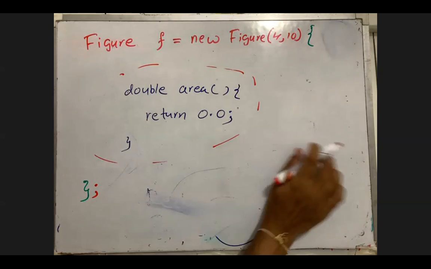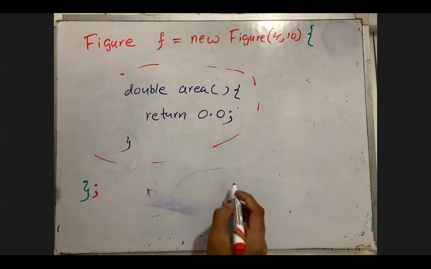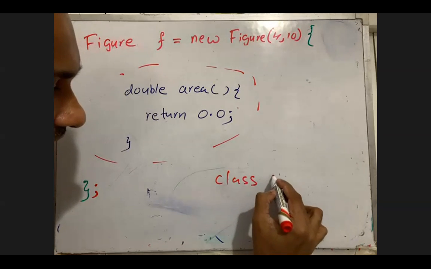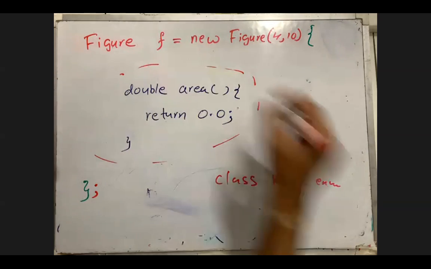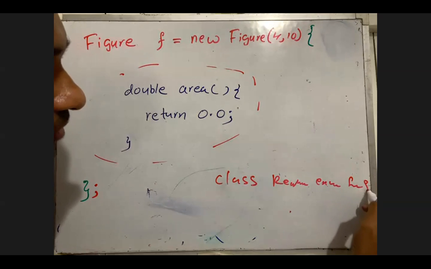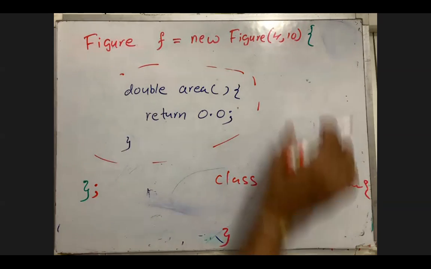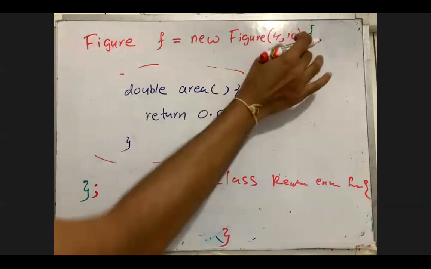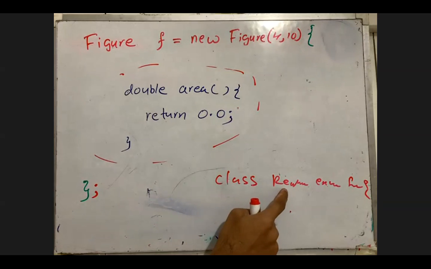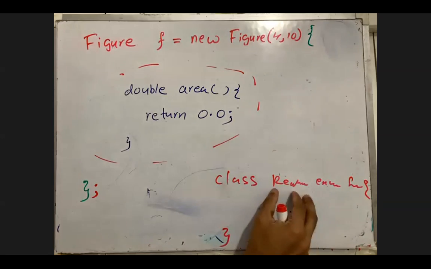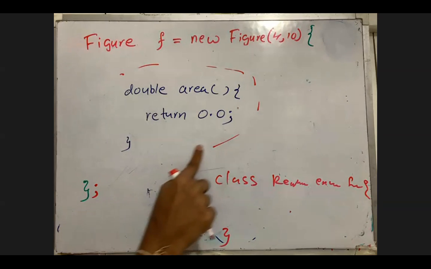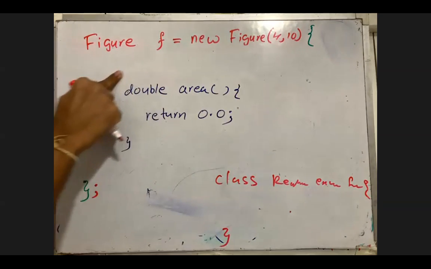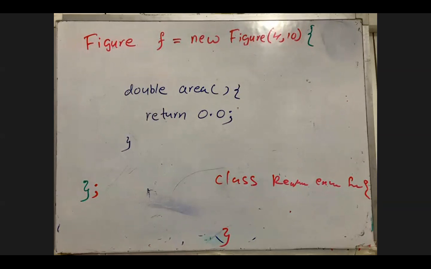So how did you previously use that one? Previously you used class rectangle extends figure, and after that open and close. Now only open and close is available. No class name is there. Previously rectangle was available, extends figure was available, rectangle extends from figure, and open and close curly braces. Now open and close curly braces are available, but no class name. Without a class name, you implemented this one.